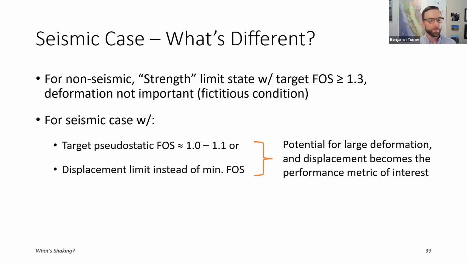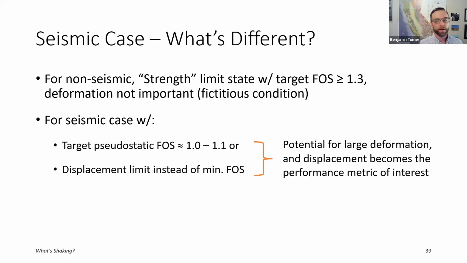The second one is that, particularly for performance-based design criteria, sometimes the factor of safety is not even a consideration, and instead we're just designing to a maximum permissible slope deformation, usually on the order of a couple inches or, say, 10, 15 centimeters. In either case, there's potential for large deformation, particularly when we're talking about seismically driven slope instability.